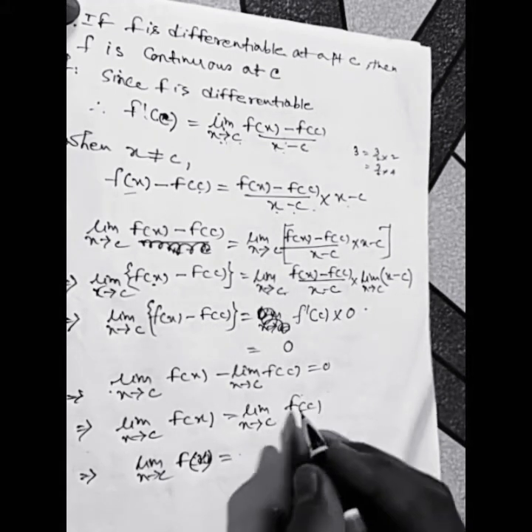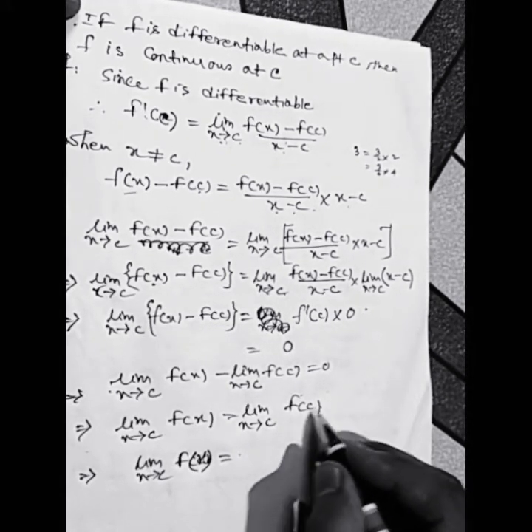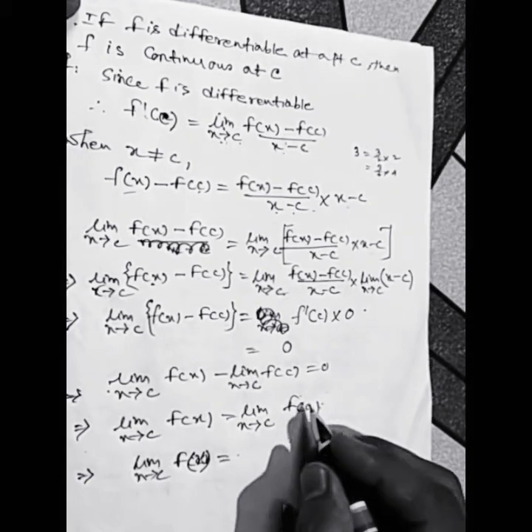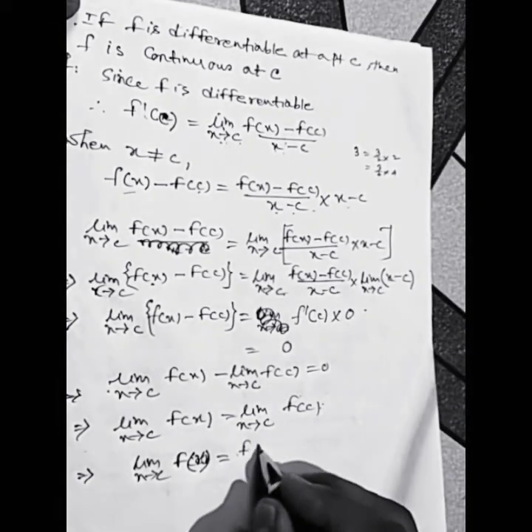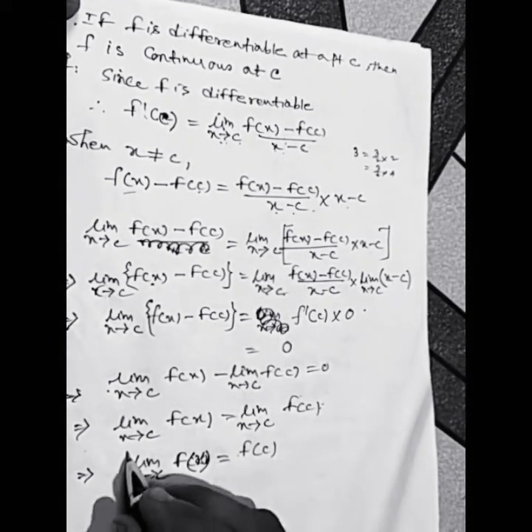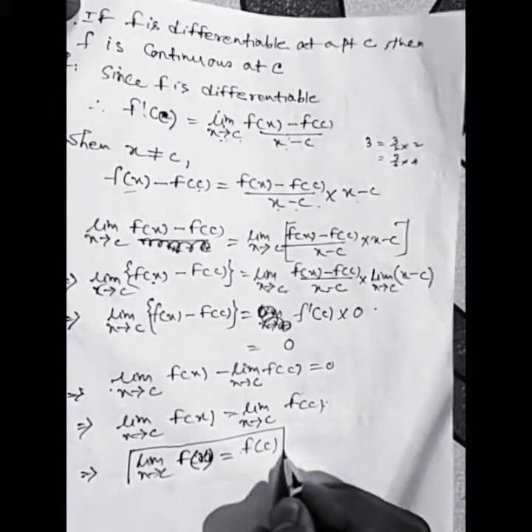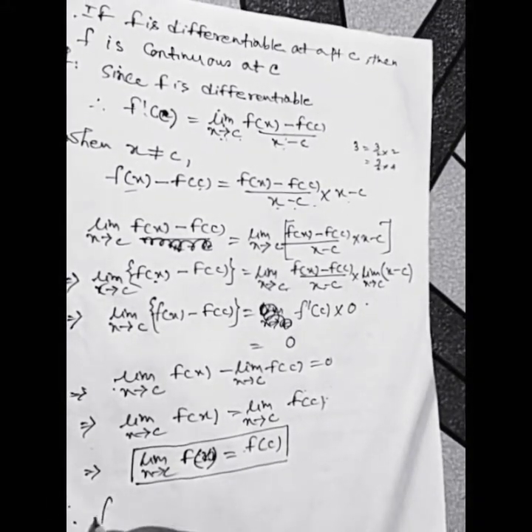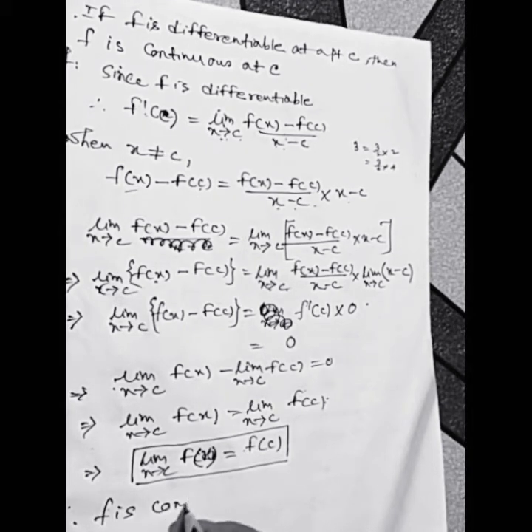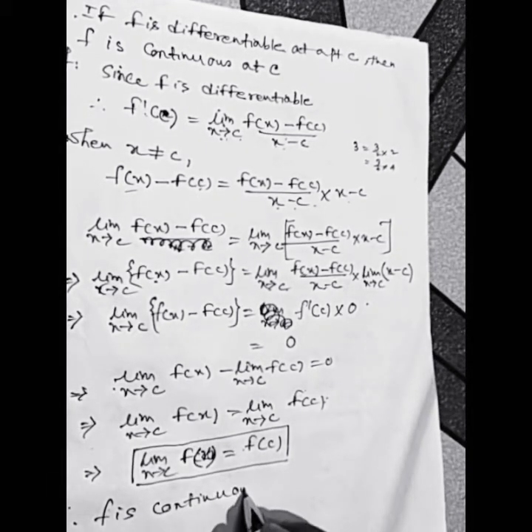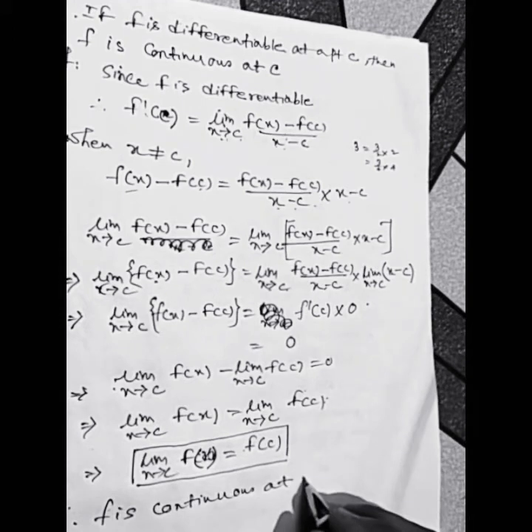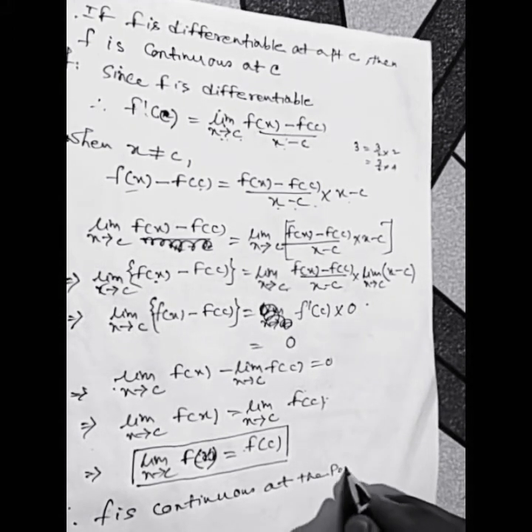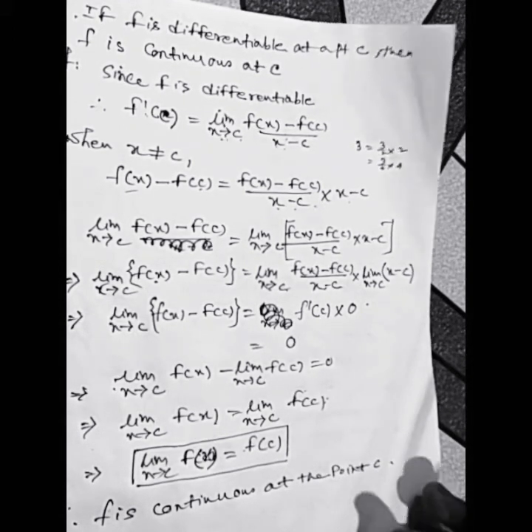This is a constant, because no x term is involved, and the limit of a constant is always a constant. So this is the definition of continuity. Therefore f is continuous at the point c.